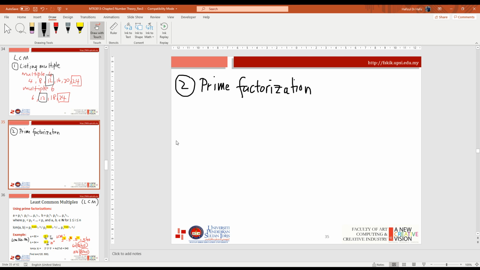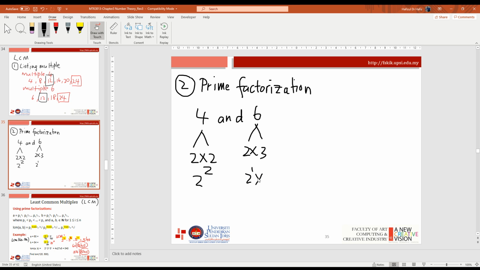For the prime factorization of 4 and 6: for 4, we got 2 multiplied by 2, 2 to the power of 2. And 6 is 2 to the power of 1 multiplied by 3 to the power of 1, respectively. The LCM of 4 and 6 can be obtained by multiplying the prime factors raised to their respective highest power.